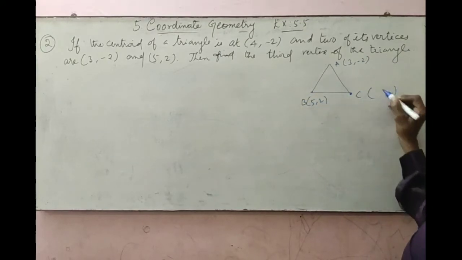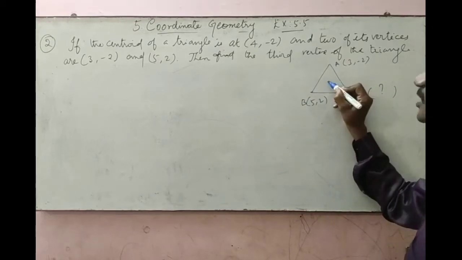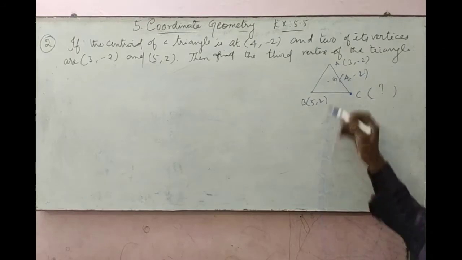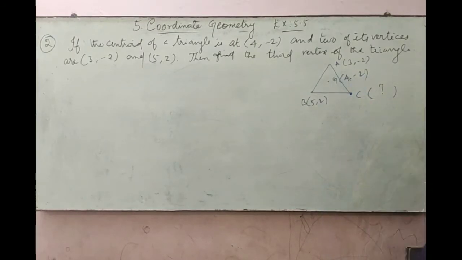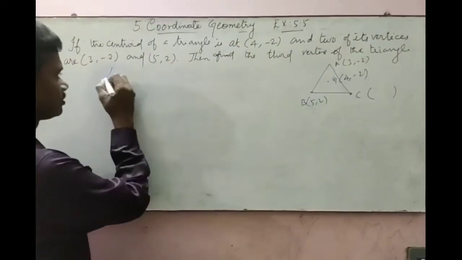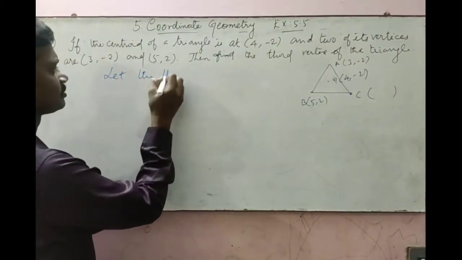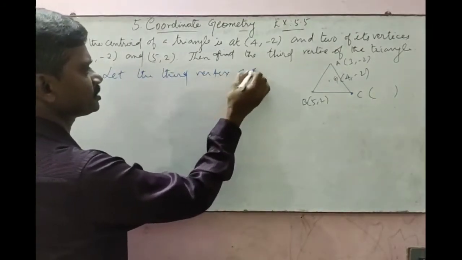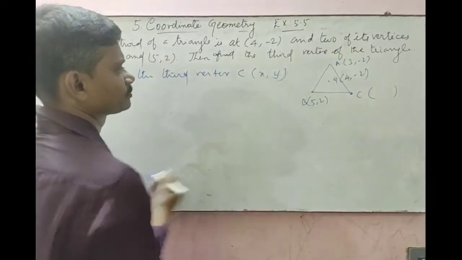Then we don't know the third vertex, we have to find it, and G is given as (4, -2). The centroid G is given to you, you have to find the third vertex. So I am going to assume the third vertex C is (x, y).